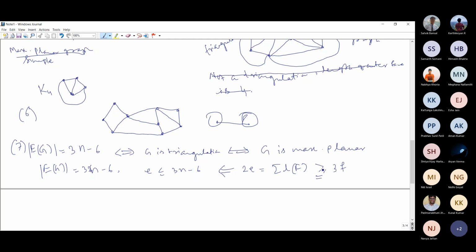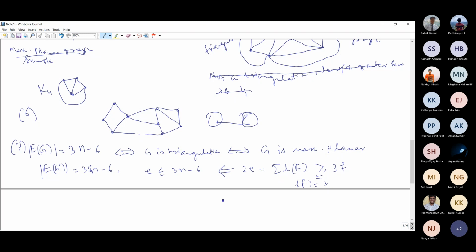Whenever E is equal to 3n minus 6, this forces that the length of every face is equal to 3. Otherwise, you will not get 3n minus 6. That forces that the length of every face is equal to 3, and hence it is a triangulation. And vice versa, similarly, if the length of every face is equal to 3, then you will get equality here, right?